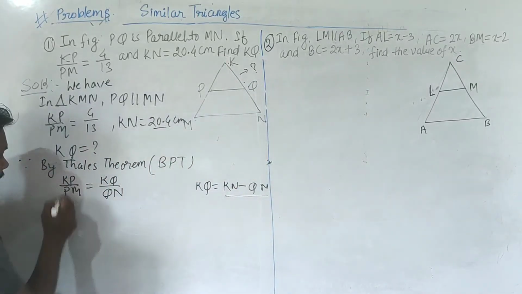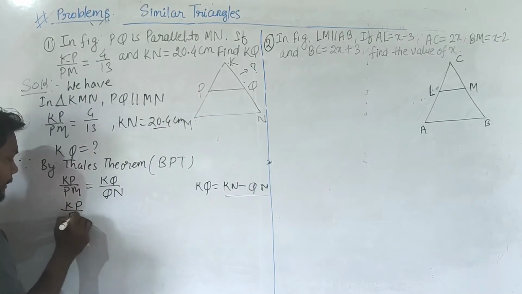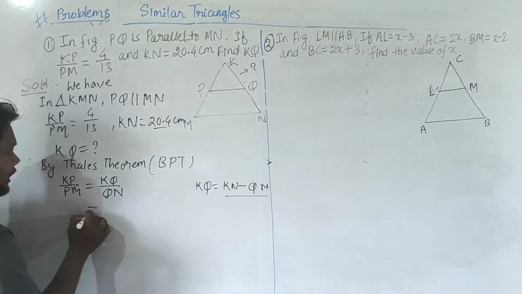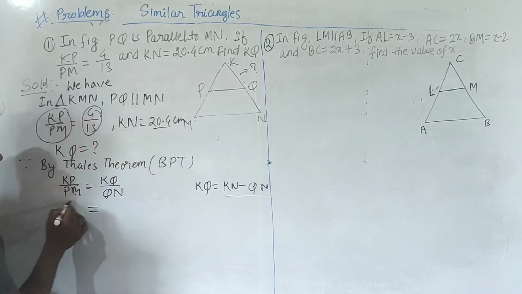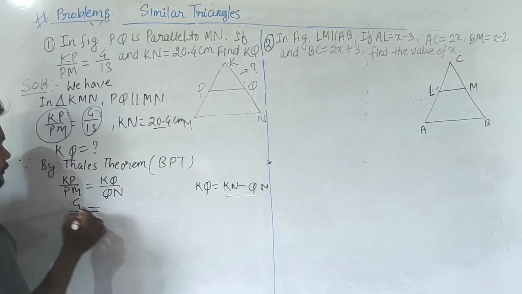So again, it will become KP by PM. You can write here the value of KP by PM, which is 4 by 13.